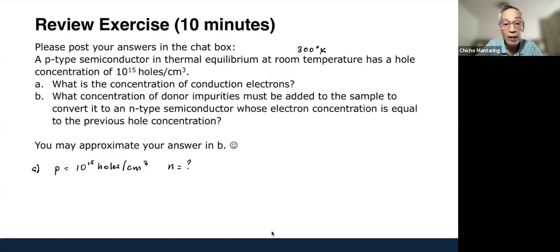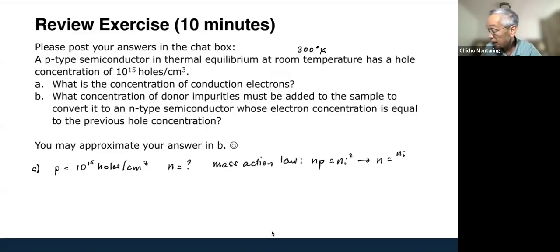NP equals Ni squared. That's right. That's the mass action law. We know that by mass action law, you have NP is equal to Ni squared, which means that N is just Ni squared over P. What is Ni?